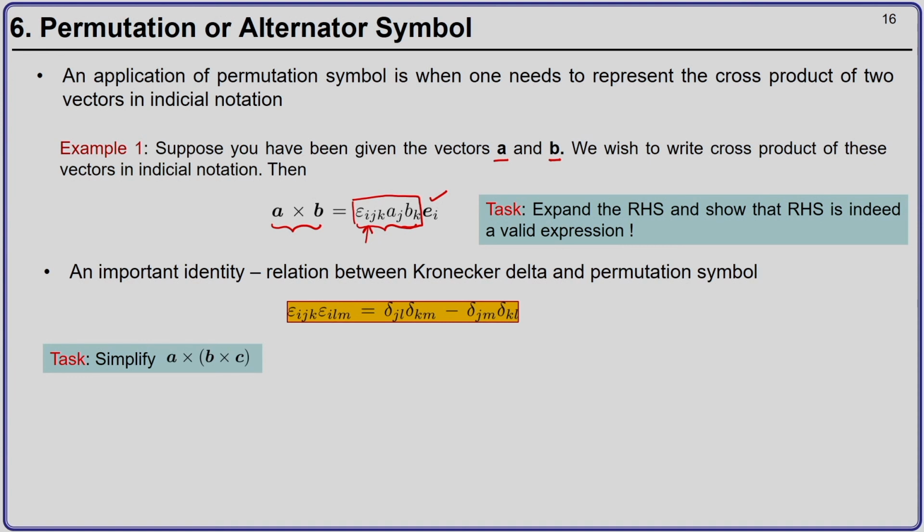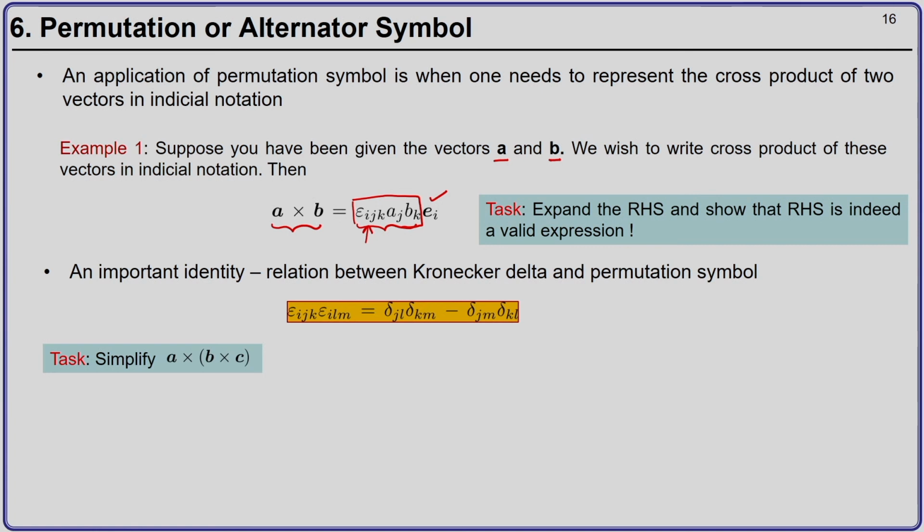Now, to verify that this is indeed the case, what I suggest you do is expand the right hand side. On the right hand side you can see all three indices i, j and k are repeated indices, which means a summation is implied over these indices.